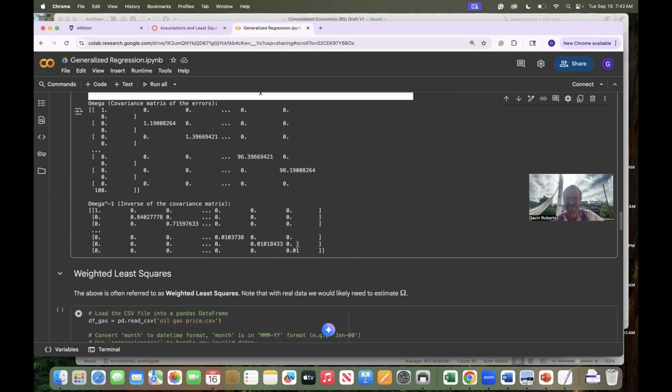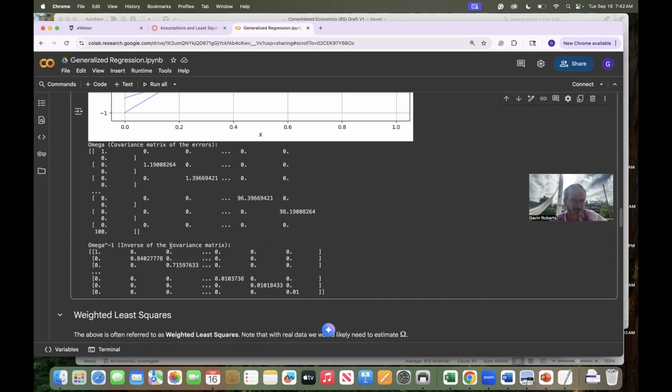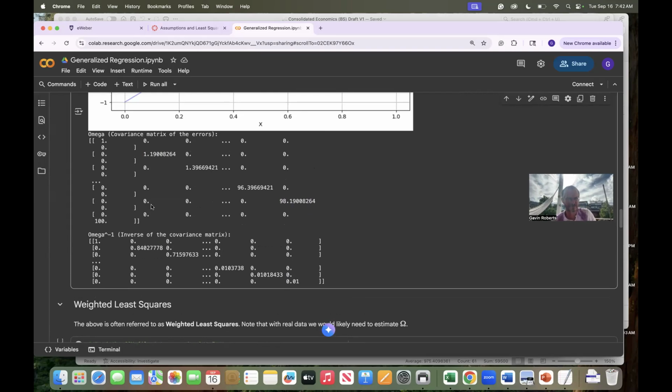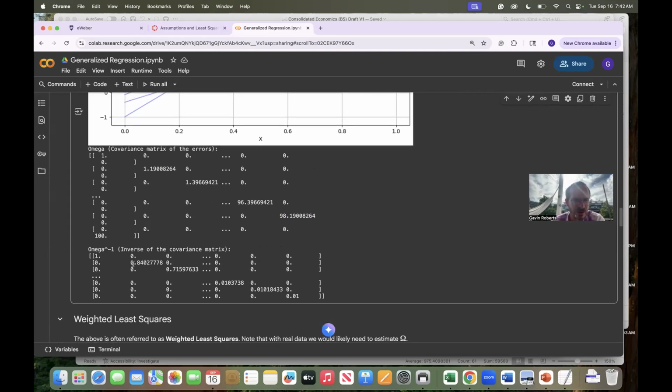That last observation, which has the highest variance, is getting the least weight, whereas our first observation is getting the most weight. One is the highest weight of all these different observations, and then the weight just decreases as our variance gets bigger.